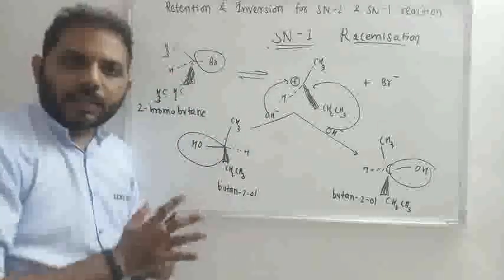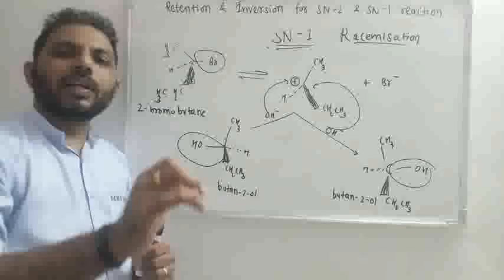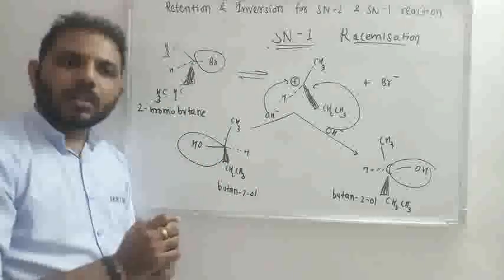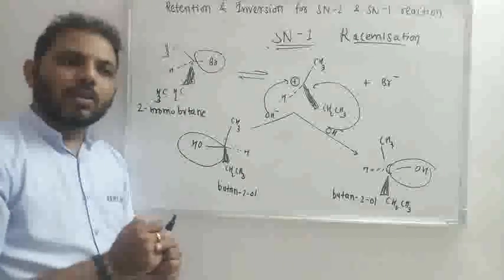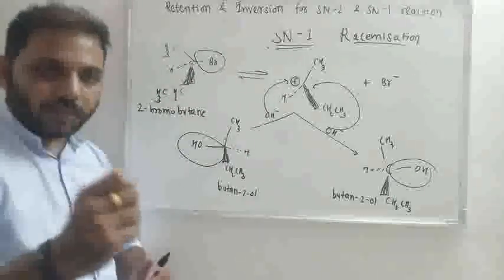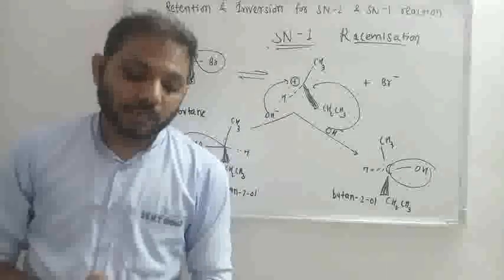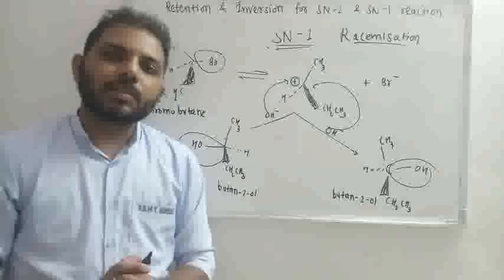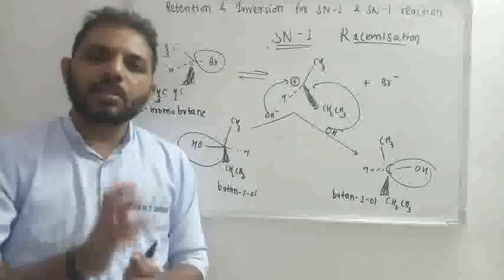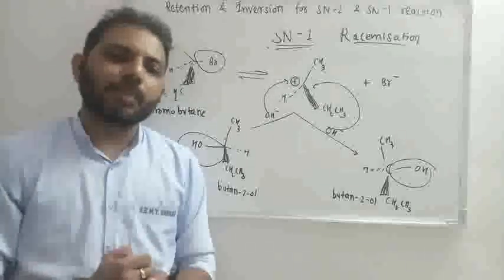So we can say that after SN1 nucleophilic substitution, the mixture we get is optically inactive. We have discussed SN1 and SN2 in the context of retention, inversion and racemization. The conclusion of this topic is that in the SN2 reaction, inversion is taking place.